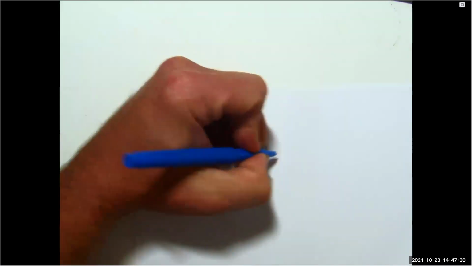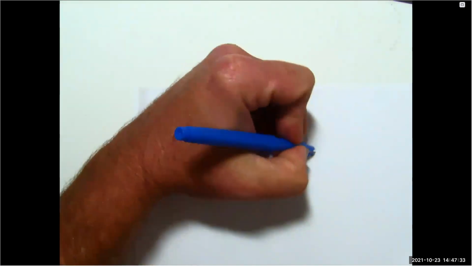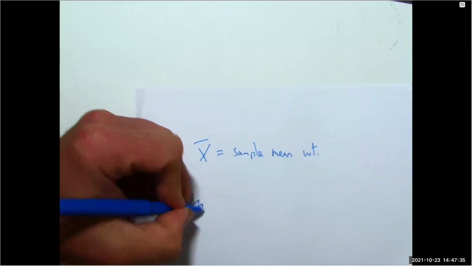Now, when each one of you goes out and gets a sample mean weight, that's the value of X bar. And there's a population mean weight.